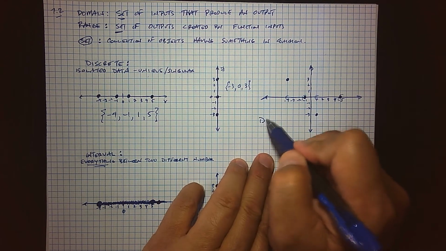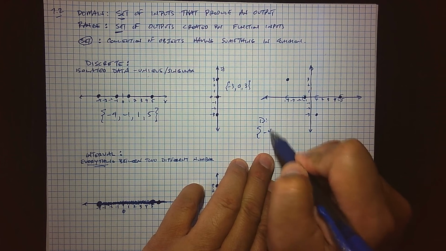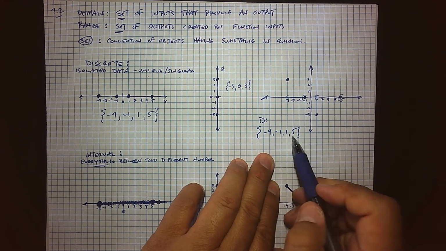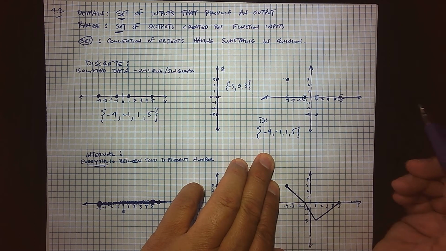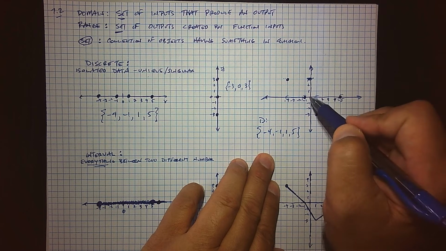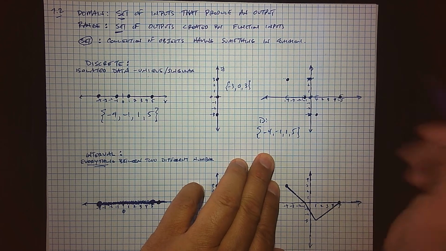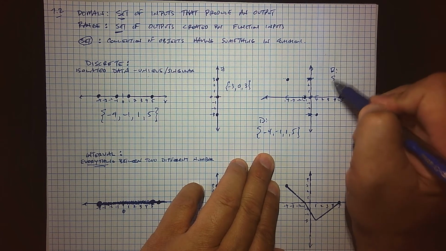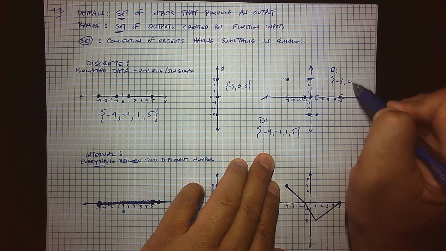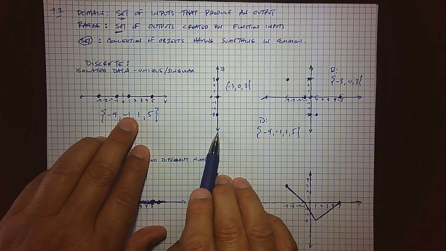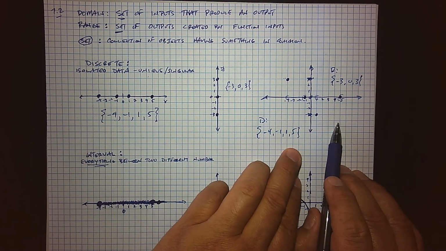So the domain would be -4, -1, 1, and 5, because those are the only 4 values where there's an output. And then if we look on the y-axis, 3's covered, 0's covered, and -3's covered with the data points. So my range is -3, 0, and 3. So that's what it would look like individually as discrete, and this is what it would look like if I put it together in a function.